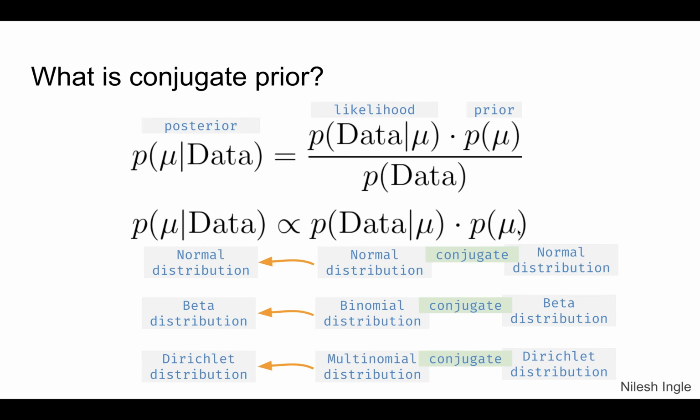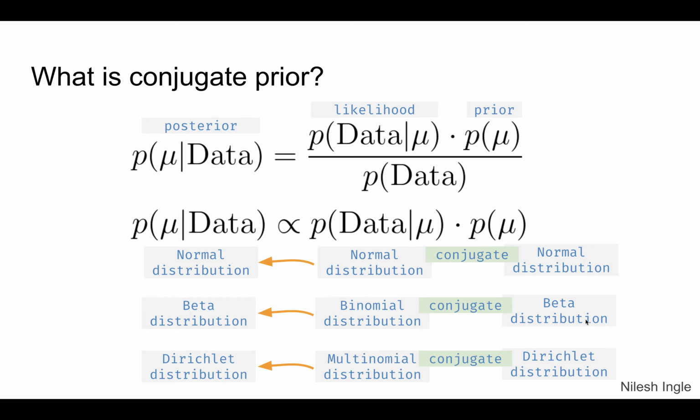So when we update our prior belief after seeing the data, the updated distribution that we have is also of the same type. So that's easier to work with as it's in the same type of distribution.